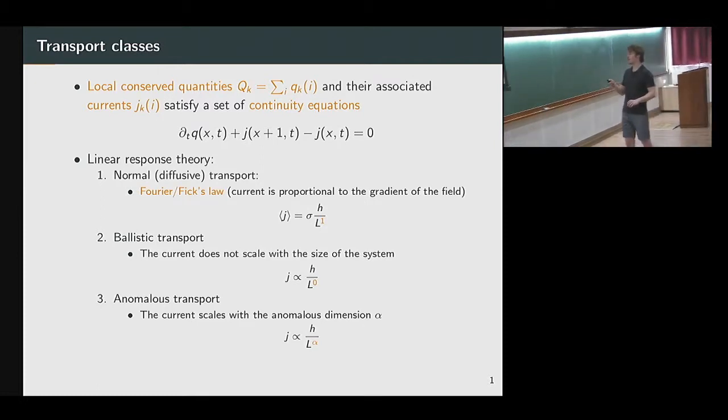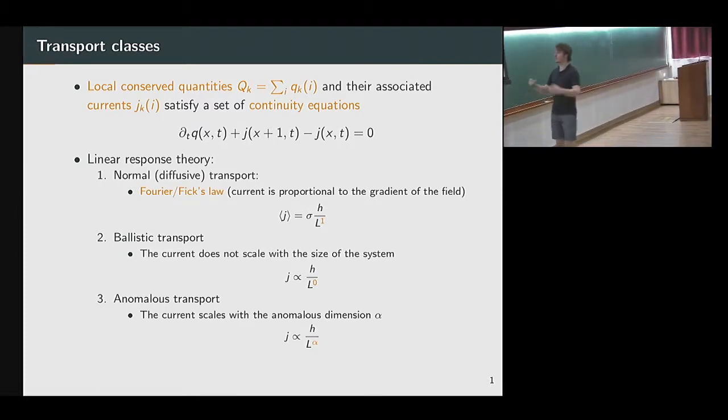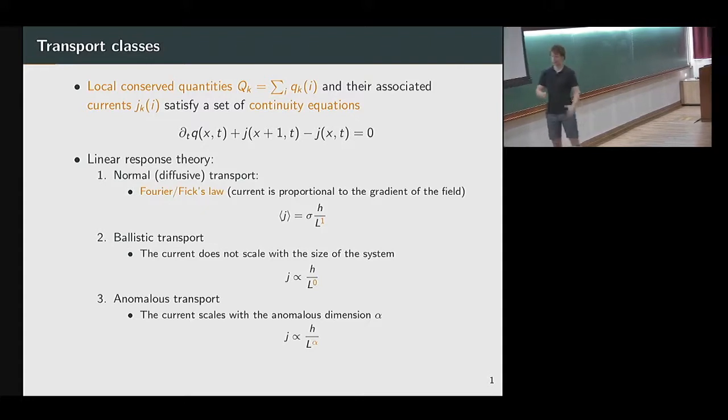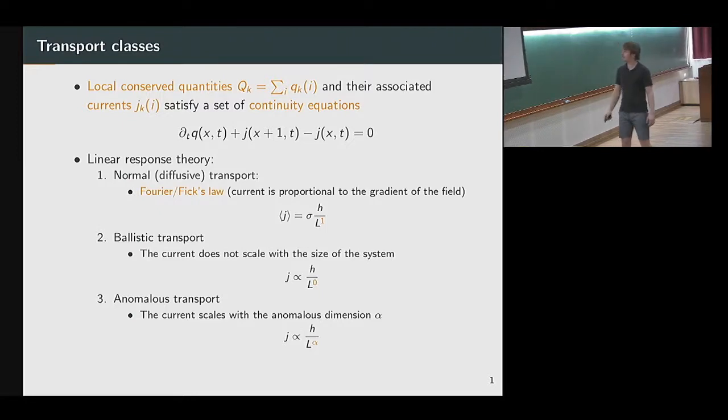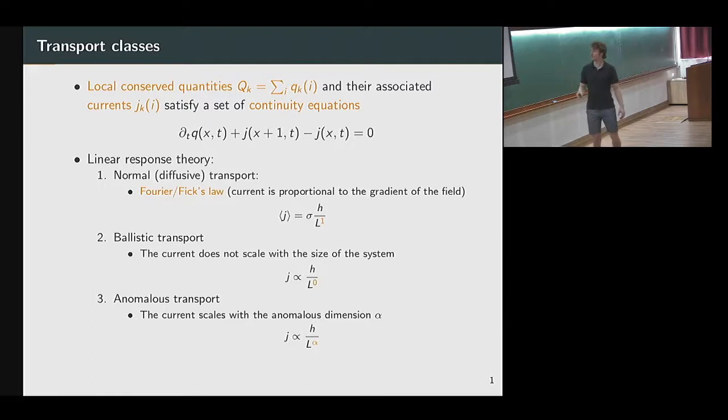But if we have systems such as Hamiltonian systems or systems with translational invariance, we have some local conservation laws. To local conservation laws, a set of currents is associated through the continuity equation.